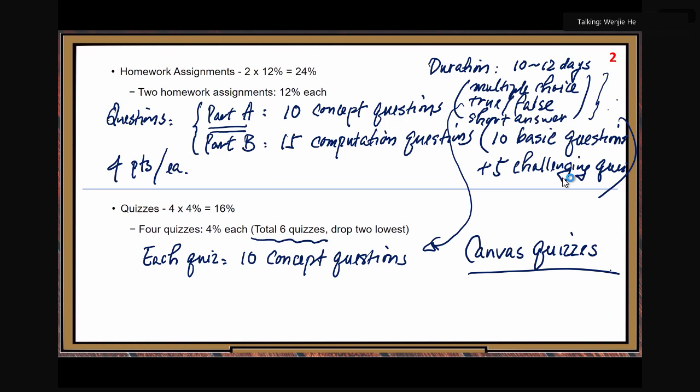So after you submit it, you see your grade immediately. But you cannot see the answers. I do not show the answers. But before the tests, I will open up the answers so you can study. Before the tests, or a few days after the deadline. After the deadline, I can open up the answers so you can study. Then duration. So duration, how much time I give you.